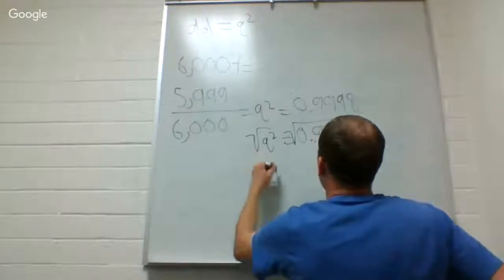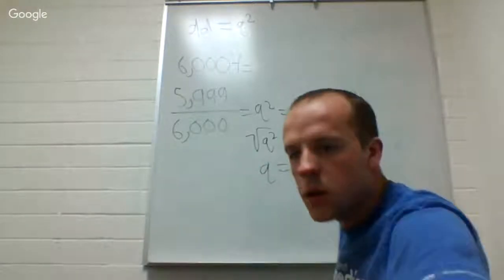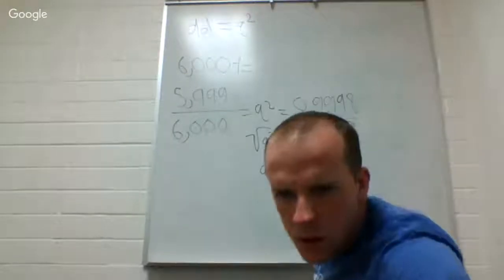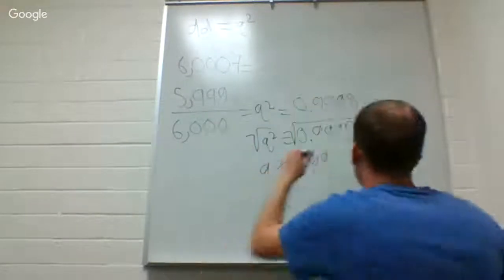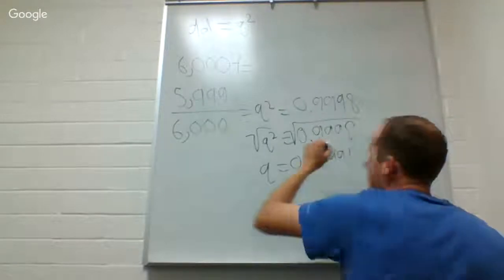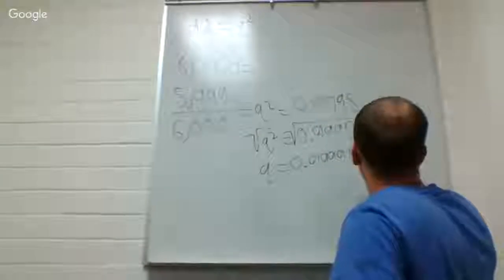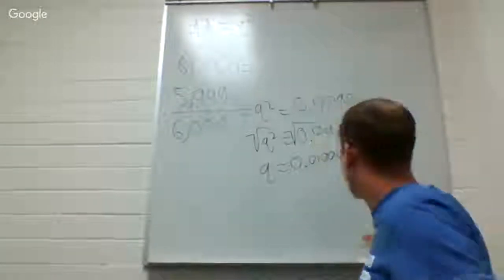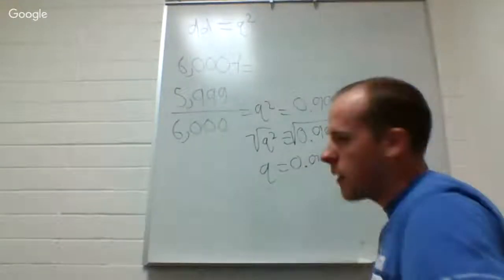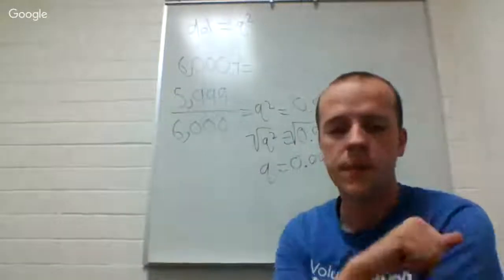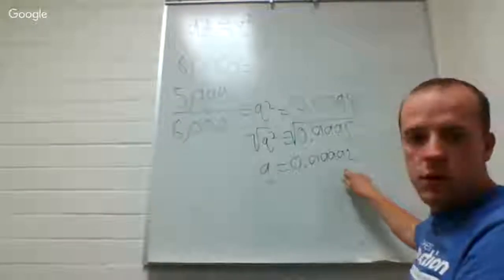And that gives us Q equals 0.9999... Actually, it could be 0.9992. Yes, that's right. So this will be our Q value.